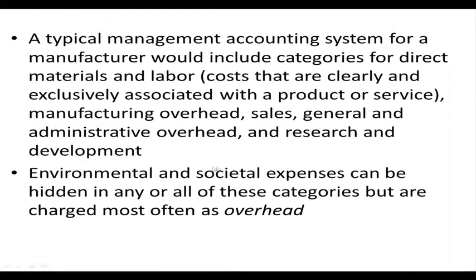Environmental and societal considerations can be hidden in any of these categories, but are charged most often as overhead. So we can put this money in as overhead, as a part of the cost that goes in there.